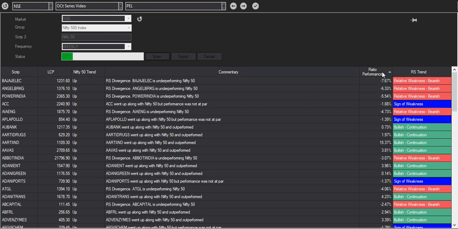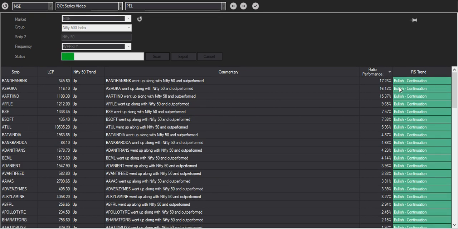We will only check for where the bullish continuation patterns are there. Aarti Industries was one, which you might have seen. It was up by 17% in October, and the relative strength ratio performance score is also 15.37%. So it is good. Anything above zero is good for me. The ratio trend is bullish continuation. This is how I shortlisted all the stocks.